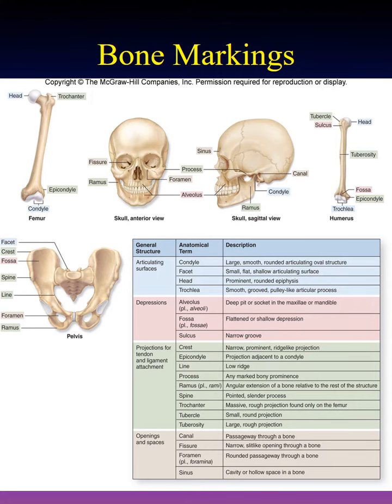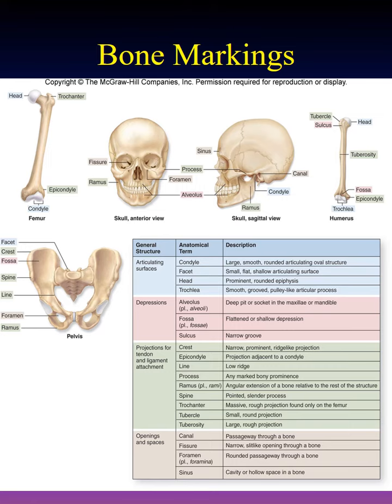These are the terms that you should become familiar with. We have the 4 different types of articulating surfaces: condyles, facets, heads, and trochleas. We have depressions, where we find the alveolus or alveoli for more than one, fossa or fossae for more than one, and the sulcus.